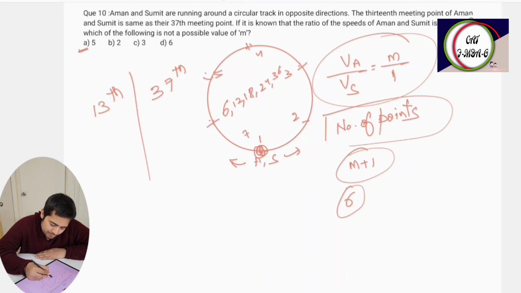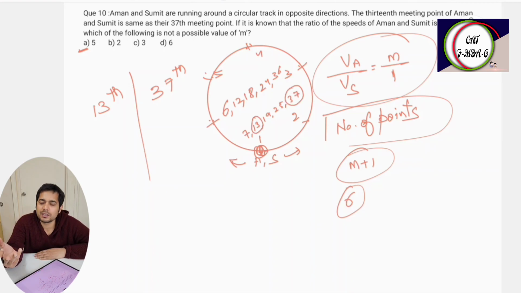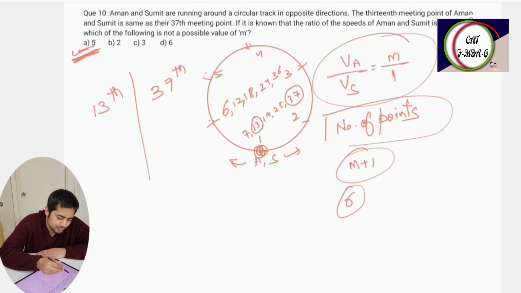So this will be the 7th point, 13th point, 19th point, 25th point, 37th point. So yes, the 13th and 37th point are the same, it is working. So this is a possible value of m. This is not the answer.